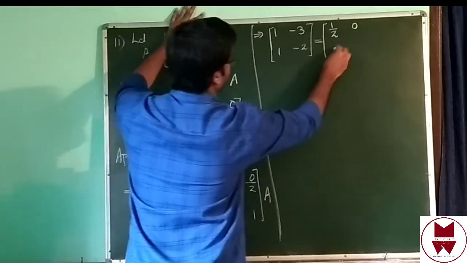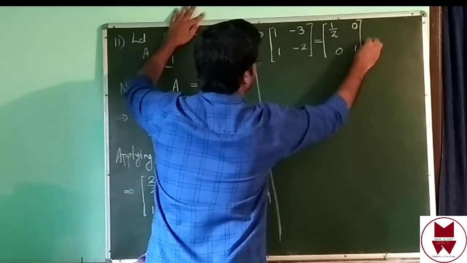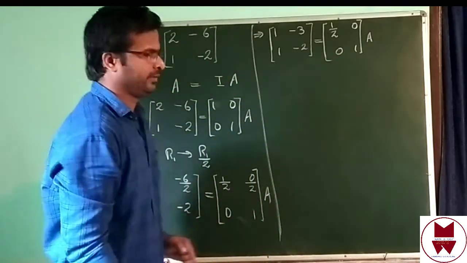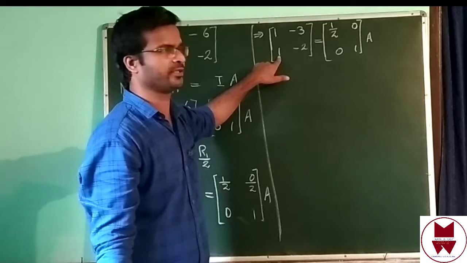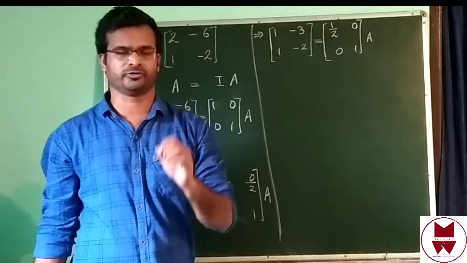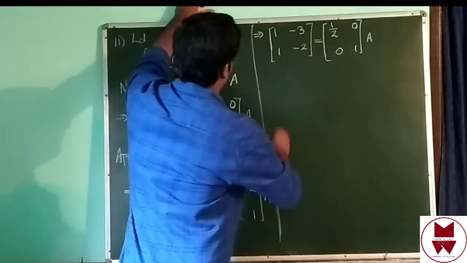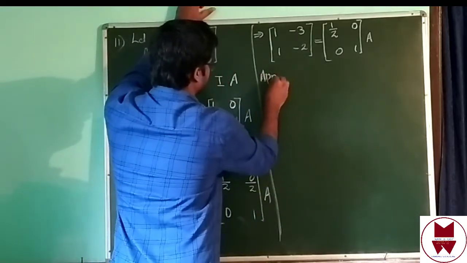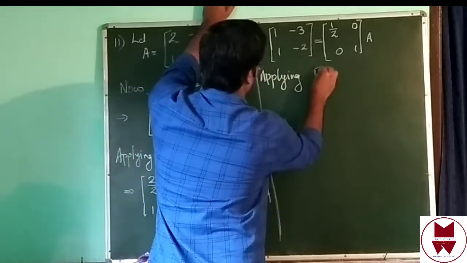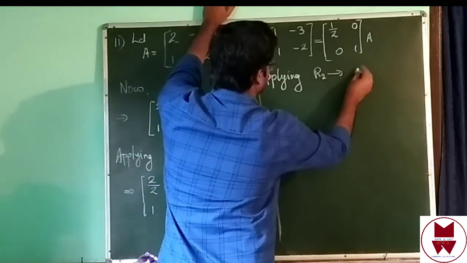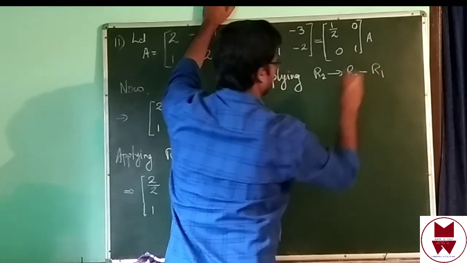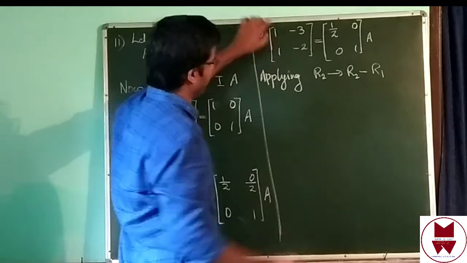Then 0 and 1, 0, 1 into A. Next, in the second row first element, here 1, isn't it? In that place we have to make 0. For that, applying R2, that is R2 minus R1.